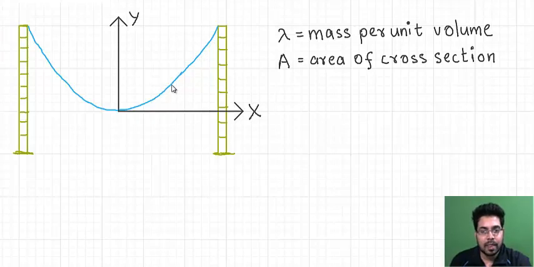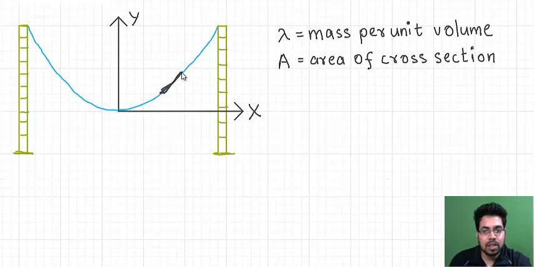Here, since this is a rope between the two poles, I'm considering a small segment of the rope.